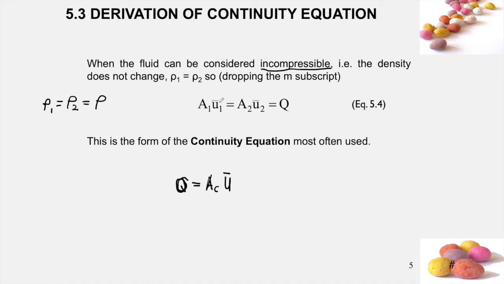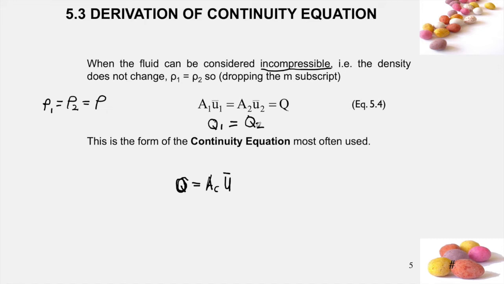Okay, for point 1, cross-sectional area 1 times U bar 1 is equal to Q1. So this equation can be written like this: Q1 equal to Q2. Okay, that is the continuity equation.